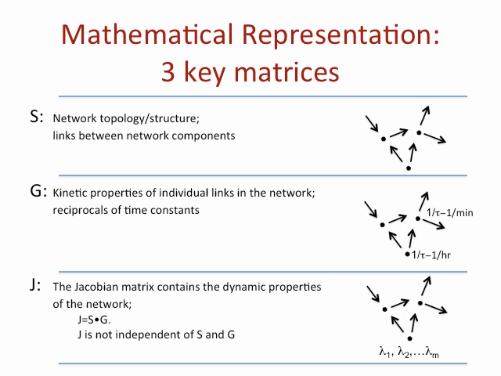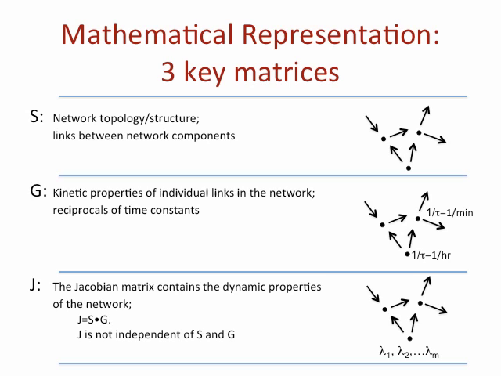So the diagram to the right of S is a connectivity map, shows nodes and links between them. The matrix G, or the gradient matrix, has the kinetic constants in it. And that information tells you how quickly the different links in a network react. What is their characteristic time constant?